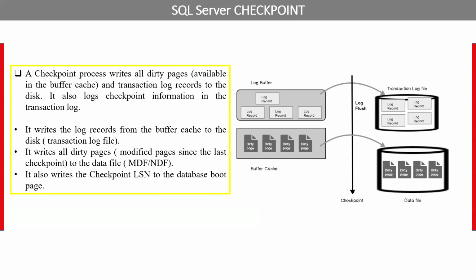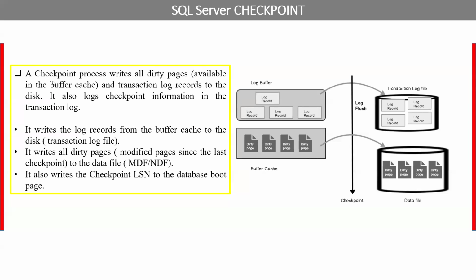In the backend, a log flush is happening, the log writer is happening. Whenever checkpoint triggers, if any log records have to move to the log file, that log is also flushed to the log file along with the dirty pages moving to the data file.